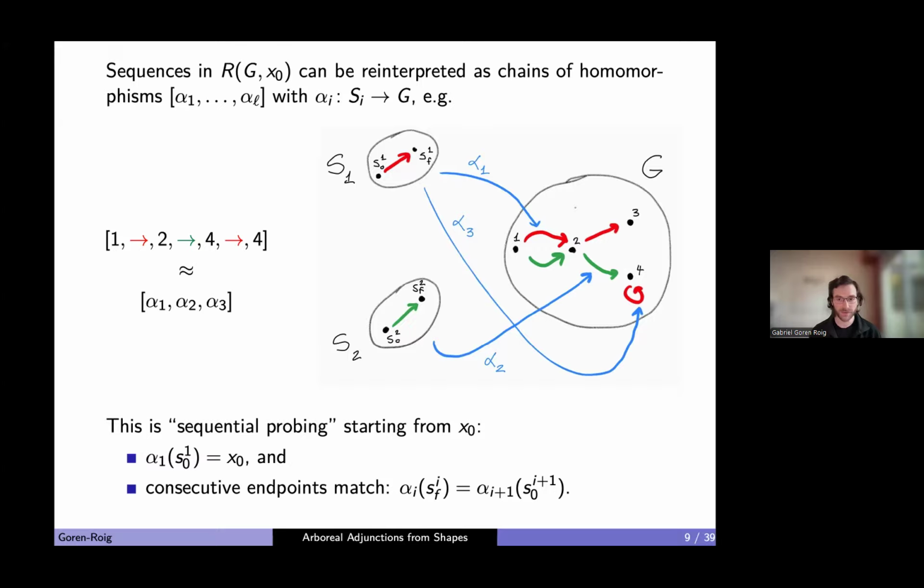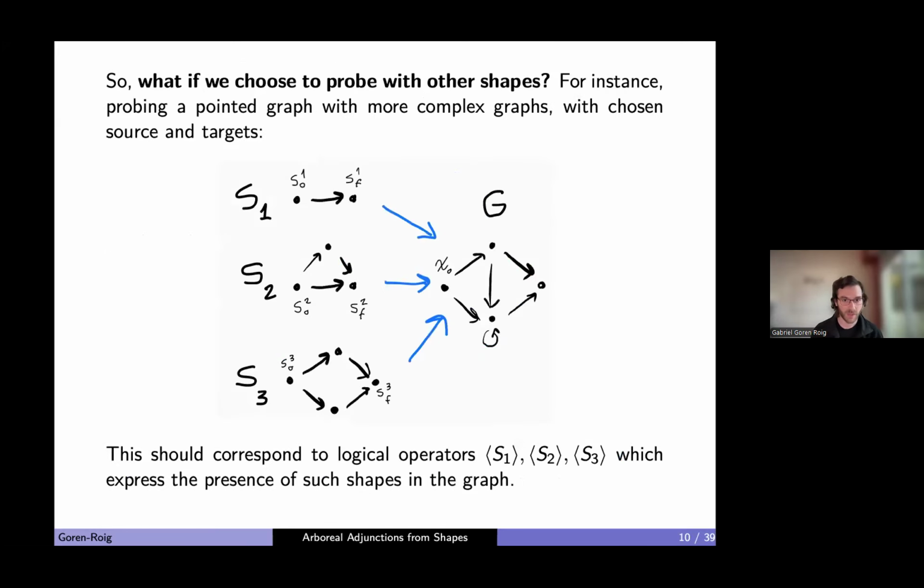And if you think of it in this way, then you can ask yourself, well, what if I want to probe with other things that are not just edges, right? So for instance, we could consider shapes that have more than 2 vertices or different kinds of configurations. So here's an example with 3 shapes on the left, that we might want to use to probe this other graph G. Now there's no colors anymore to make it simpler.